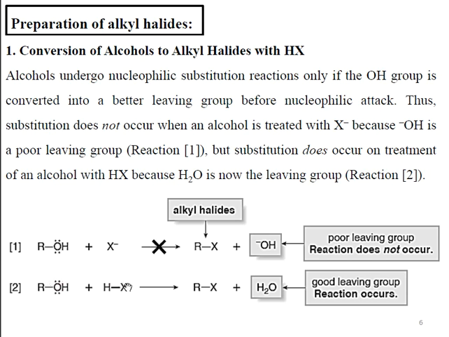Then if the halide minus attacks from the backside to remove the OH2 group, it goes out as water. For this reason, the H2O group is a good leaving group. Why? Because water is a stable compound. So the reaction will happen with no problem, and the replacement gives you the alkyl halide.